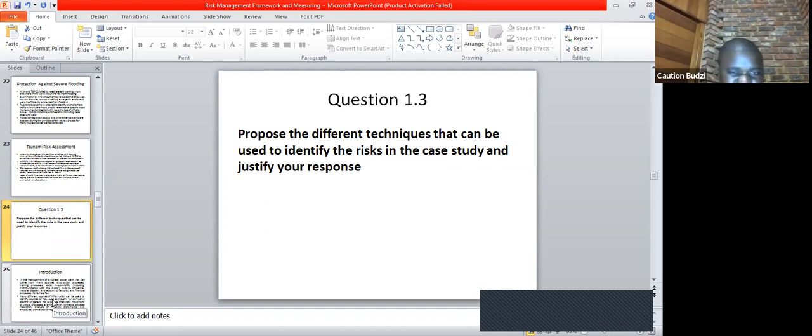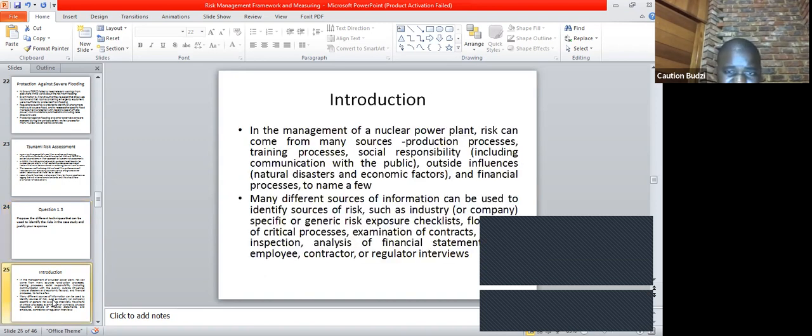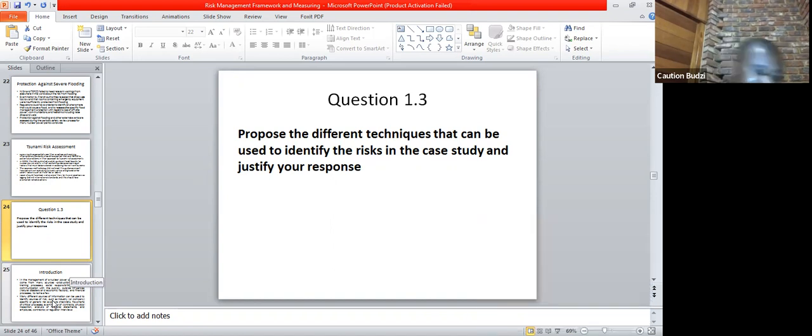We are going to propose different types of techniques which could have been used to identify this risk. We have mentioned in the previous question that the risk identification process was not considered in an effective manner. So we are going to propose ways and techniques that could have been used to identify the risk.